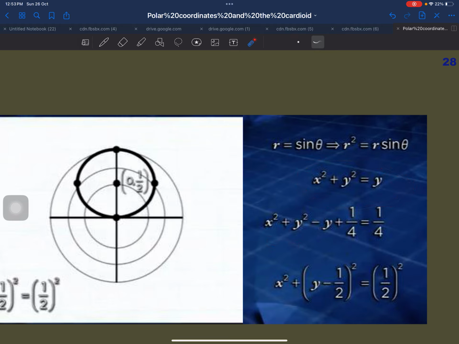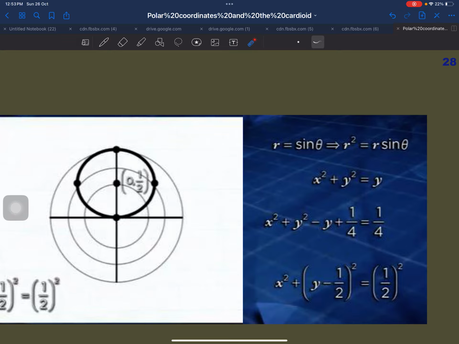Well, what's this? It doesn't look like anything you're familiar with, but we can complete the square. So it's x squared plus y squared minus y, moving the y to the other side. Then what do I add to make it a perfect square? 1/4.